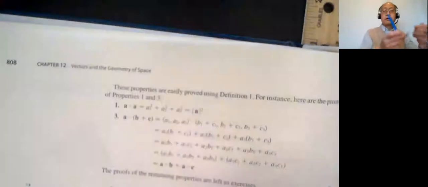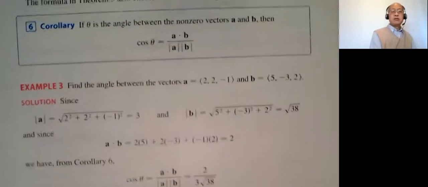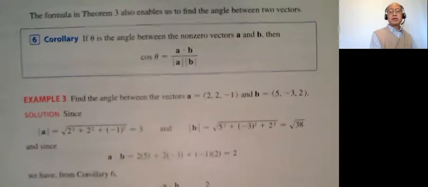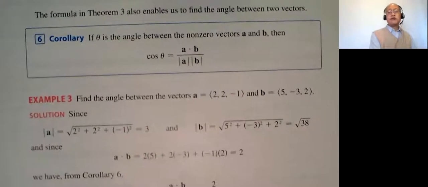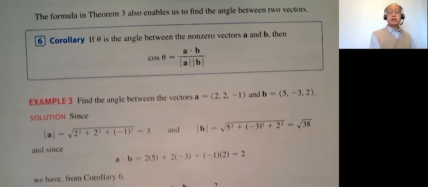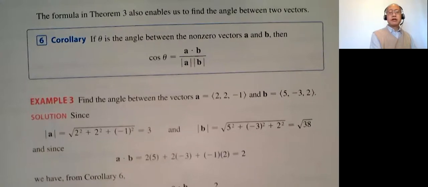So if you want the angle between two vectors in space, okay, so they have to emanate from the same point. So if you have two vectors, the angle between them, you can use this. And that's very nice because sometimes it's hard to visualize two vectors in space in 3 dimensions, but this gives you a nice way to find the angle between the two.